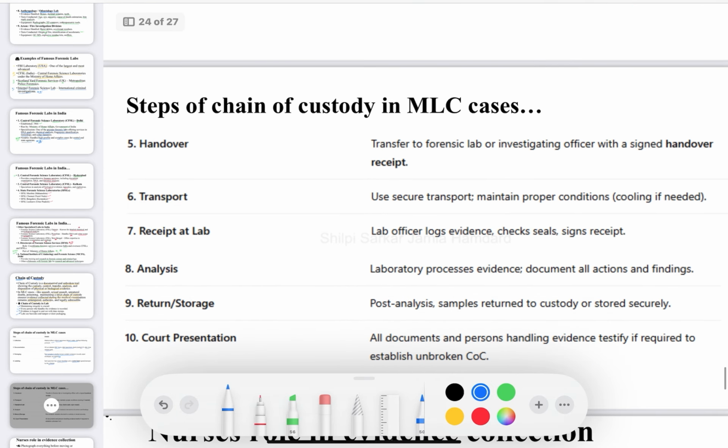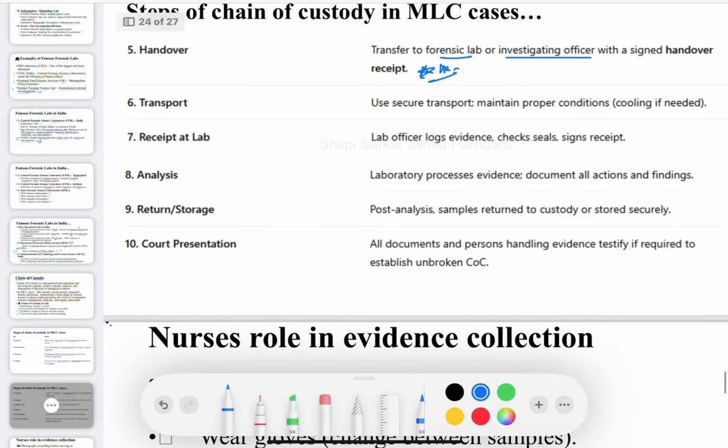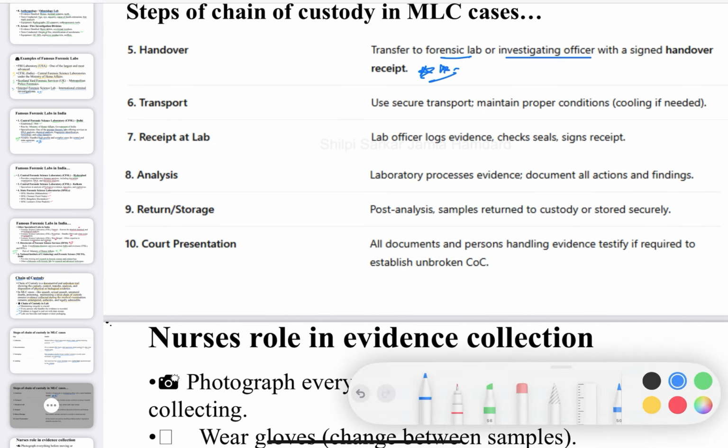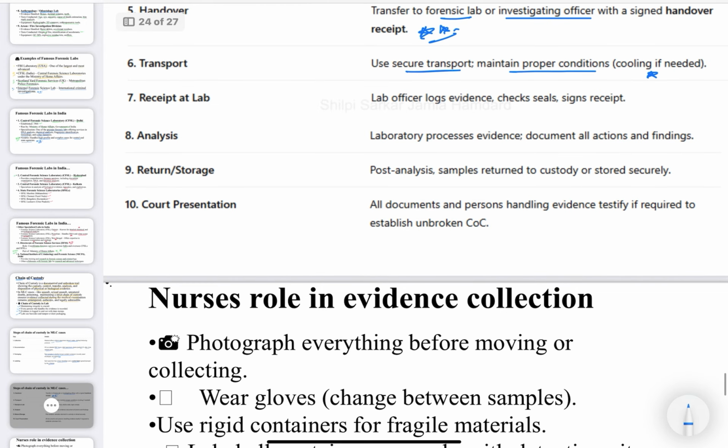Now come to handover: transfer to the forensic lab or investigating officer with a signed handover receipt. Then transfer: after handover, it should be transferred to the labs. Use secure transfer, maintain proper condition, cooling if needed. After transport, receipt at lab: the lab officer logs evidence, checks seals, and signs the receipt.